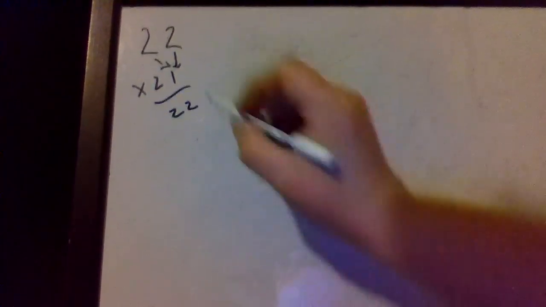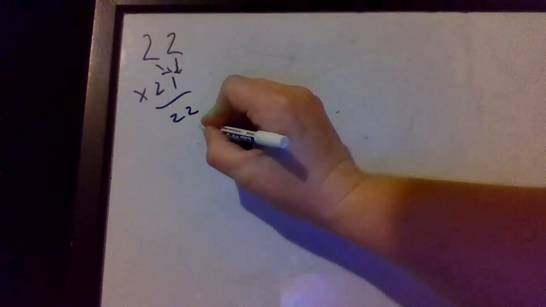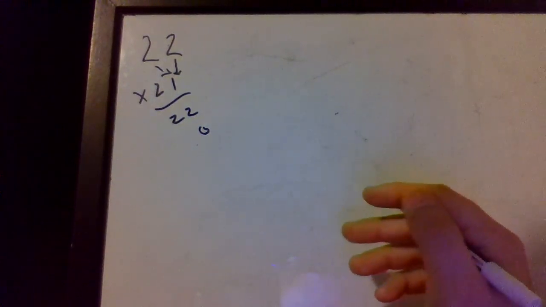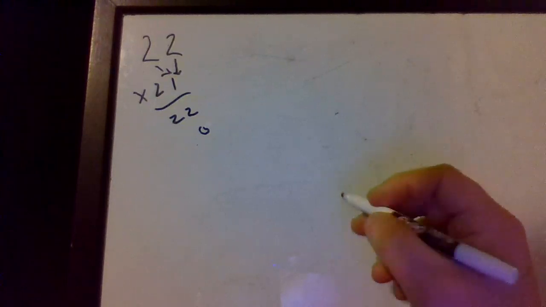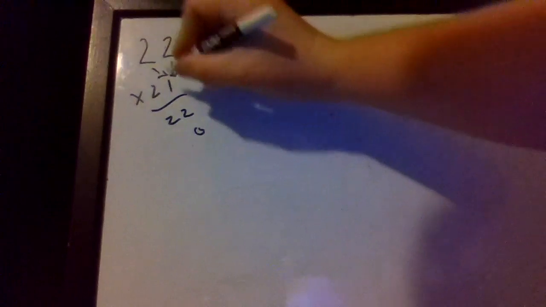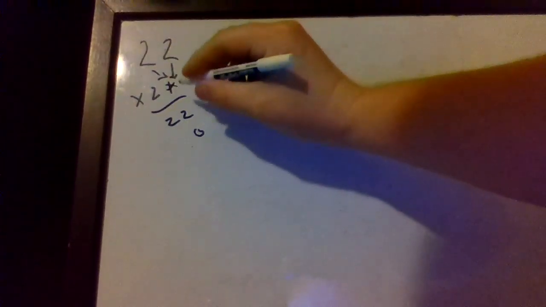Now, right here, very important, a lot of people forget this, we're going to put a 0. And what I tell a lot of people to do, you don't have to if you remember to put a 0, but what I would do is mark out the 1 because we're done with that. We're done with the 1, and that's going to remind you to put a 0.